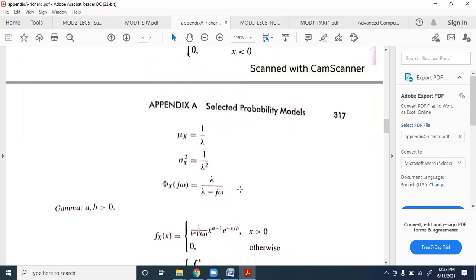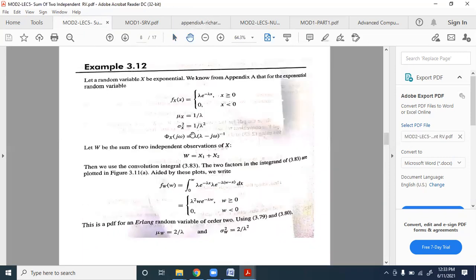You can write this as lambda into lambda minus j omega inverse, and that is what is mentioned over here. The PDF is f x of x equal to lambda e to the power of minus lambda x for x greater than 0, and 0 for x less than 0.